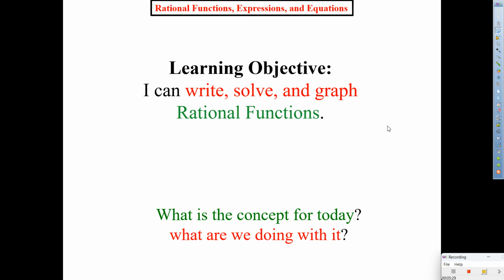All right, here we go. I can write, solve, and graph rational functions. So, remind your neighbor the definition for rational functions. See if they remember from a long, long, long time ago. Rational functions, what are they? Functions that have what?